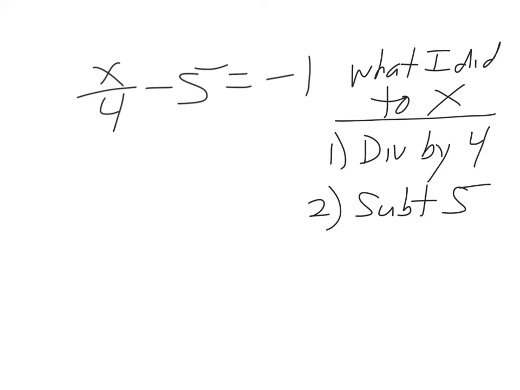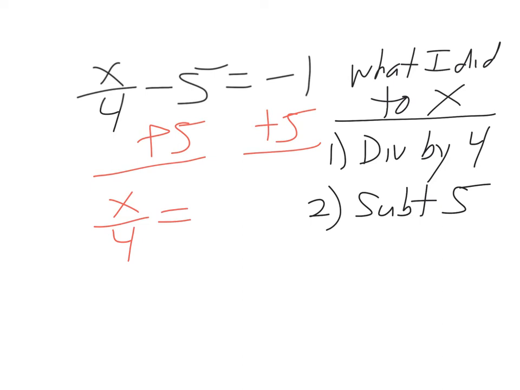So let's see, to undo this, I'll start by undoing the subtracting of 5. How do I undo subtracting of 5? Exactly. You add 5 to both sides. Adding 5 to both sides, I get x over 4 equals 4. Okay, that's done.